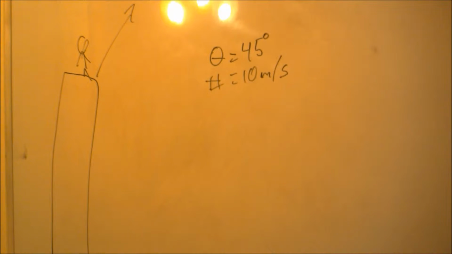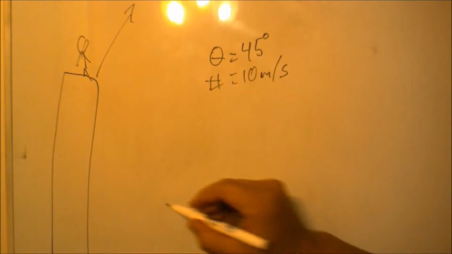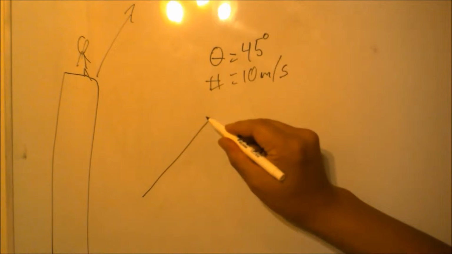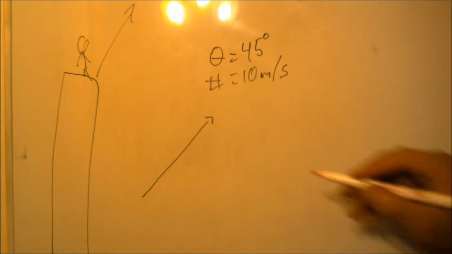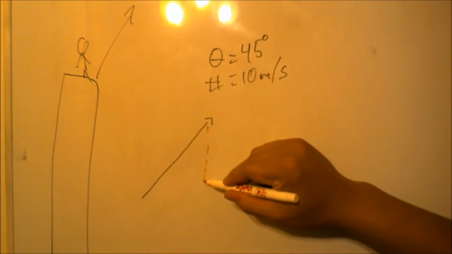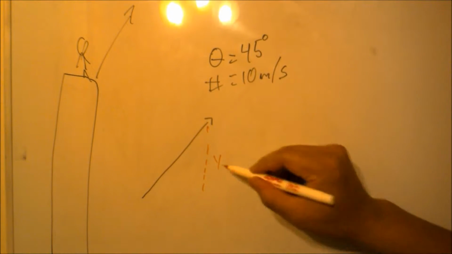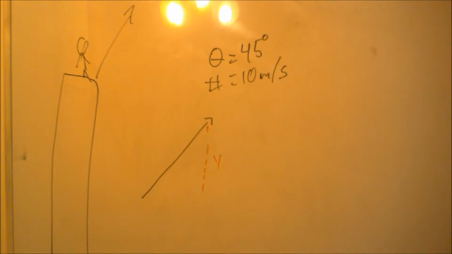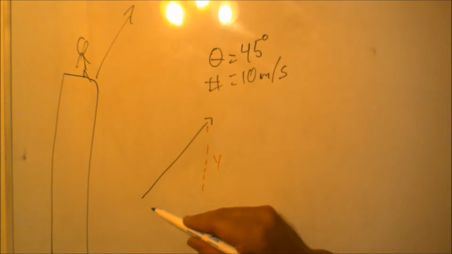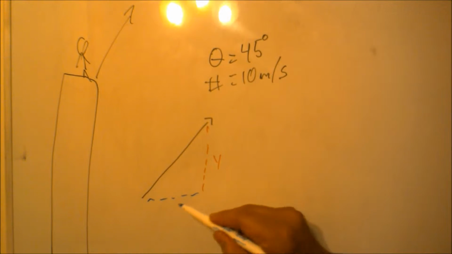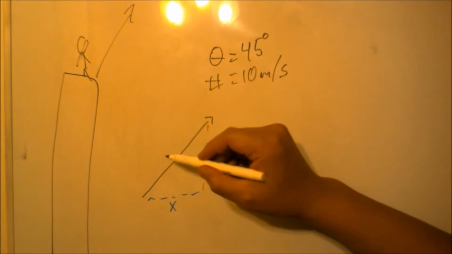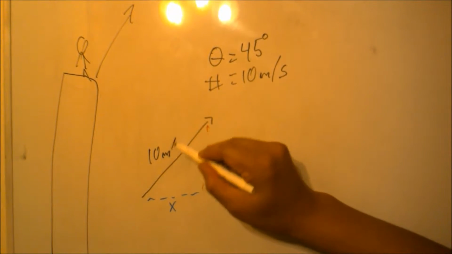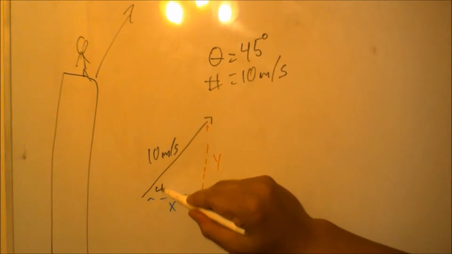So to figure this out, first we would have to draw the vector, and then its components, y and x. From there on we plug in from what we know. We know it's 10 meters per second of the vector, and we know it's 45 degrees.